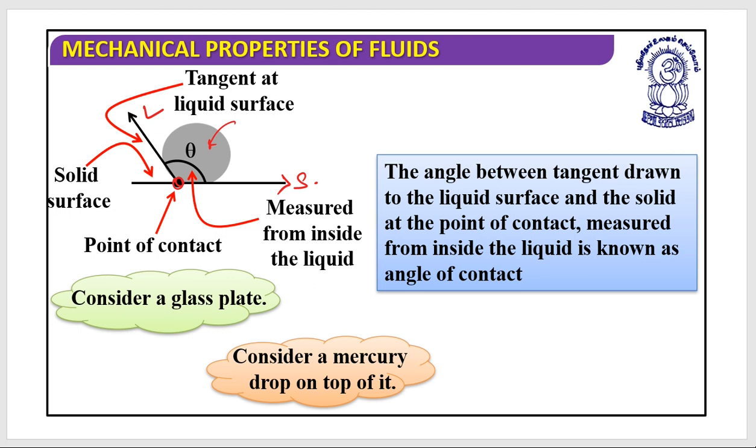If I make an angle between these two, this angle theta is the obtuse angle. So basically this is the angle between the tangent drawn to the liquid surface and the solid at the point of contact, measured from inside the liquid, and that is what we call the angle of contact.